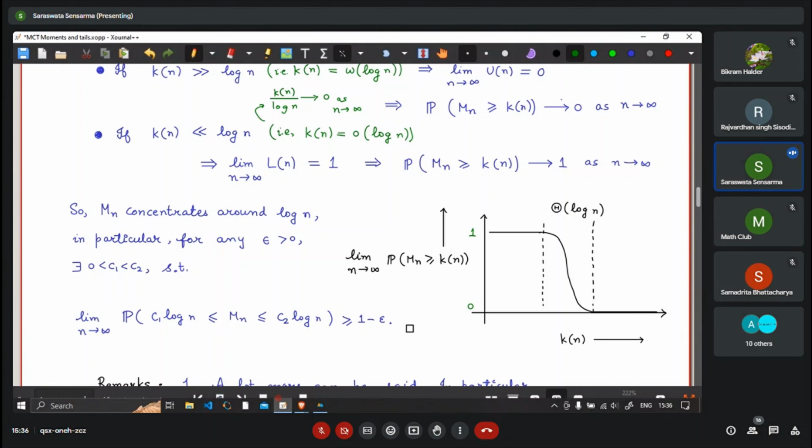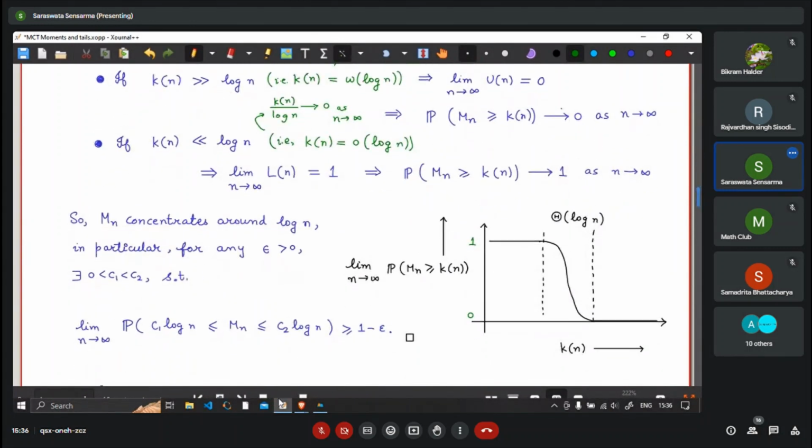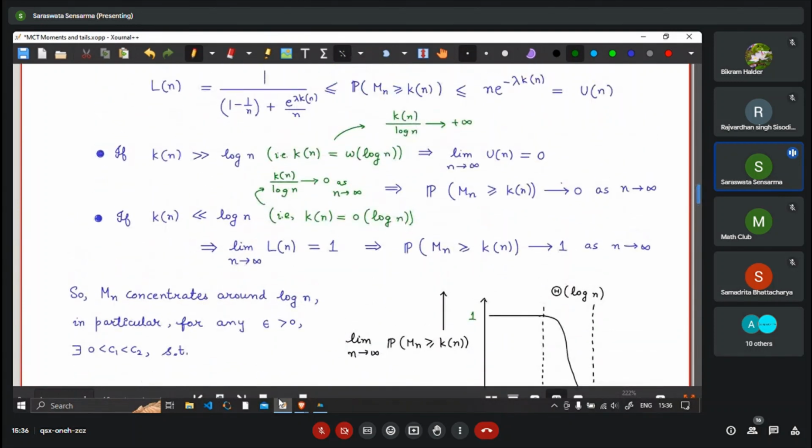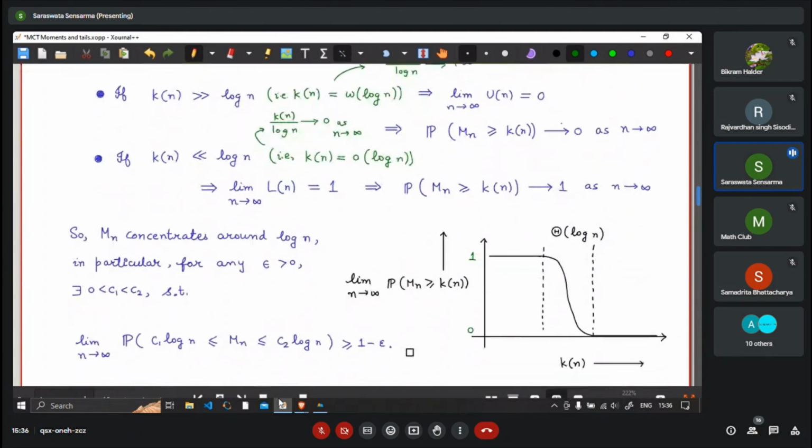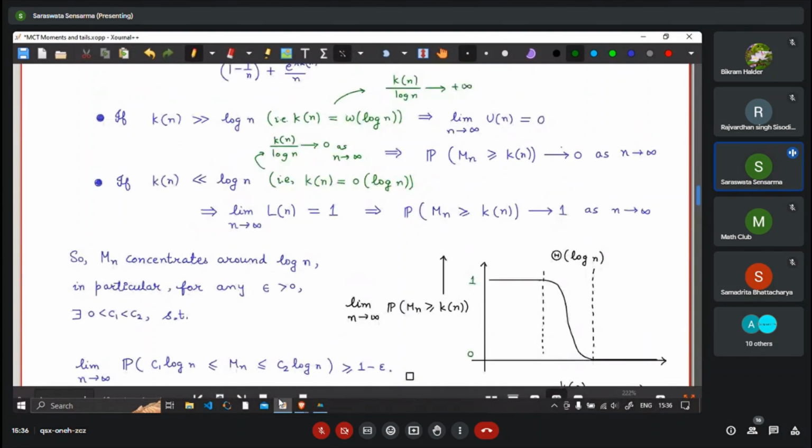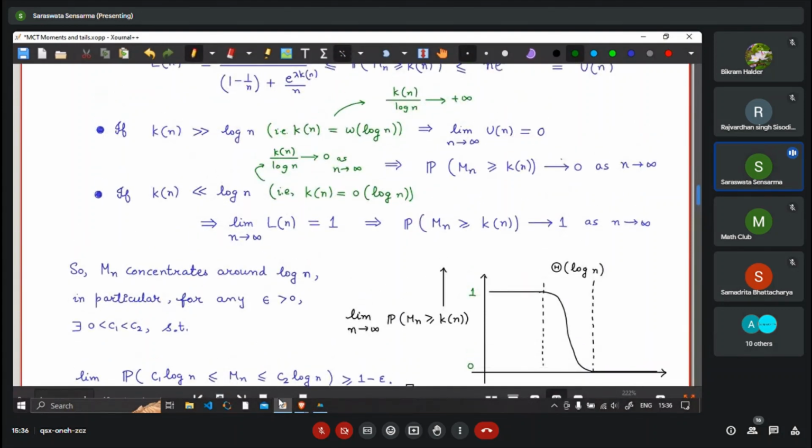So we can choose C1, C2 so that this probability is arbitrarily large. Okay. So this was the first example that we wanted to see, of how the maximum behaves. Now I should admit that this is not the cleanest or the best proof for this particular result.